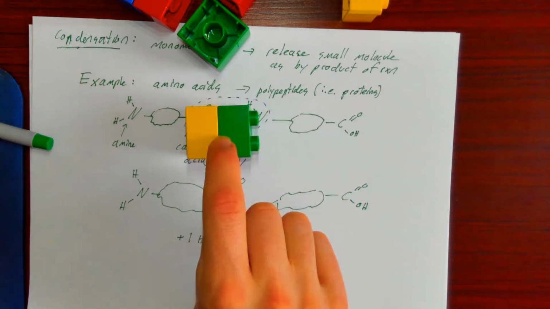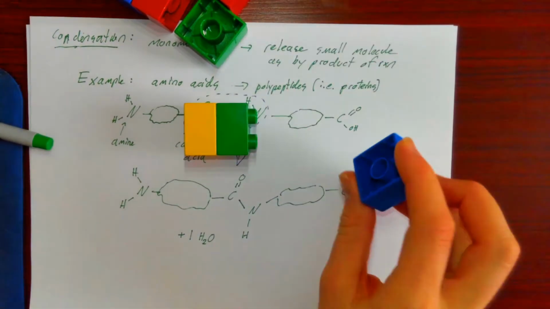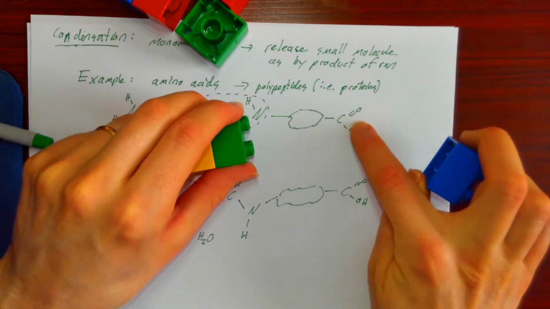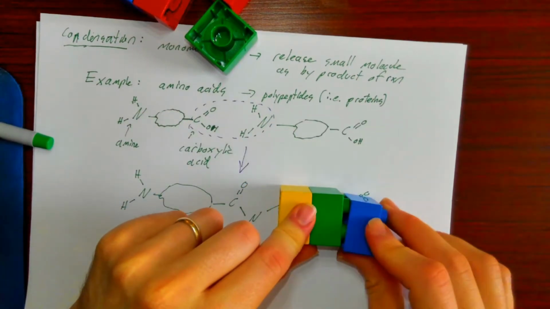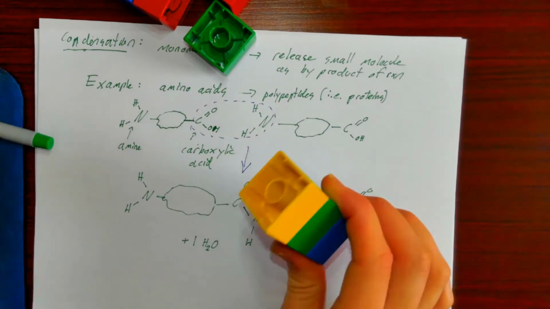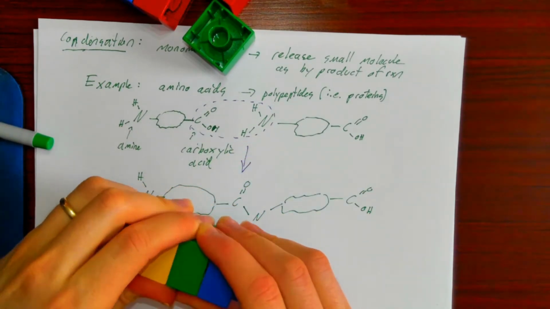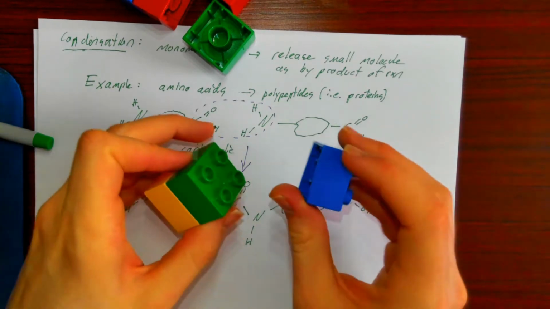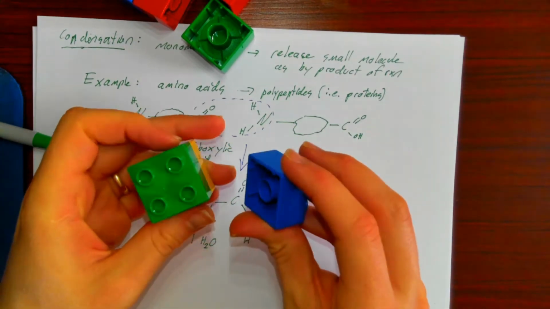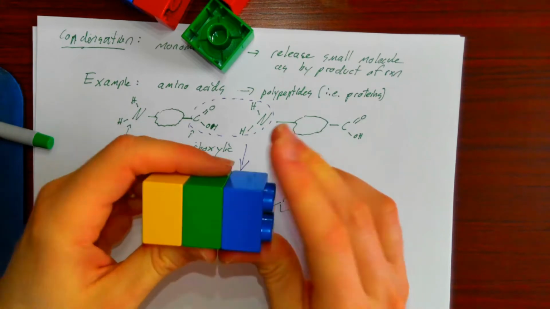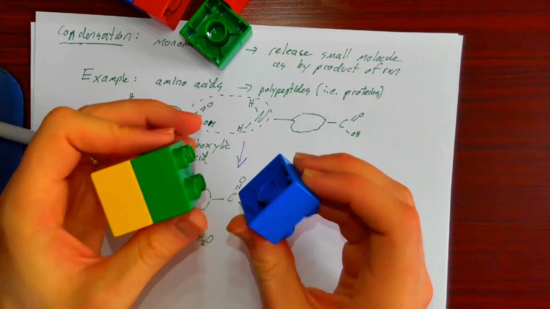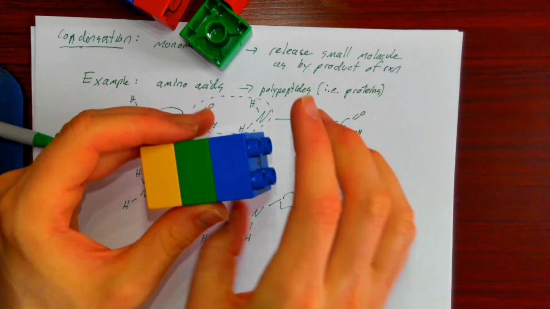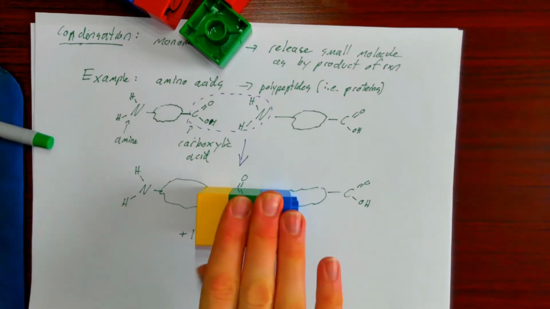And then polymerization can happen again and again, where another amino acid could join this side of this chain, and we could further increase the size of the chain. Of course, no water is actually kicked out for these Lego blocks, but you could imagine there's a water molecule here that gets kicked out when they form this bond.